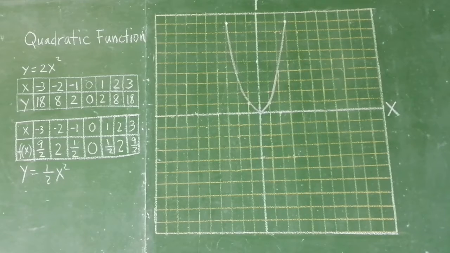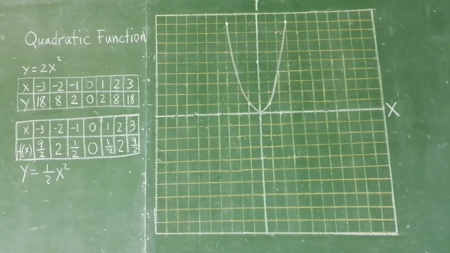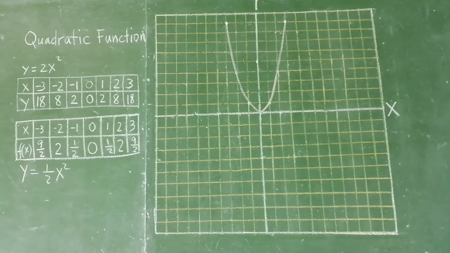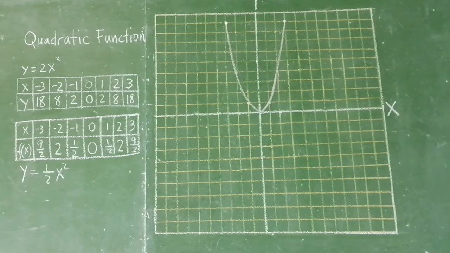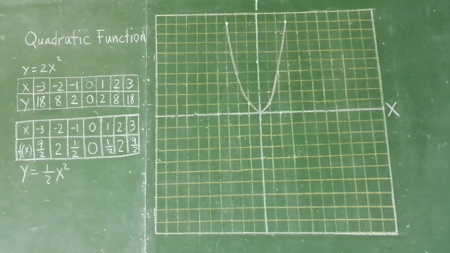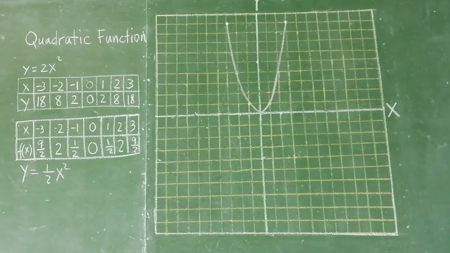So we are going to see some of the graphs of quadratic function. So you have seen the graph of f of x equals x squared, and a is 1 and it is positive.